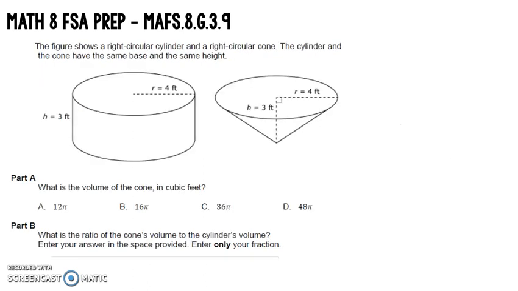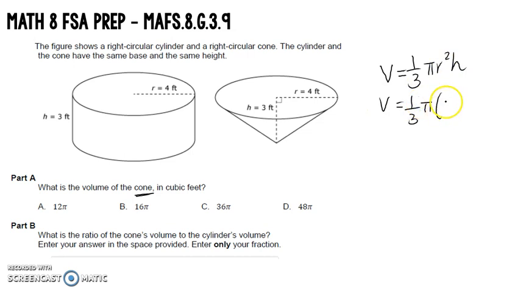All right, the last one that we're going to look at is actually how the cone formula comes about. So the figure shows a right cylinder and a right circular cone. The cylinder and the cone have the same base and the same height. What is the volume of the cone? So go ahead and pause and practice finding the volume of the cone. The volume of that cone is 1/3 pi r squared h.